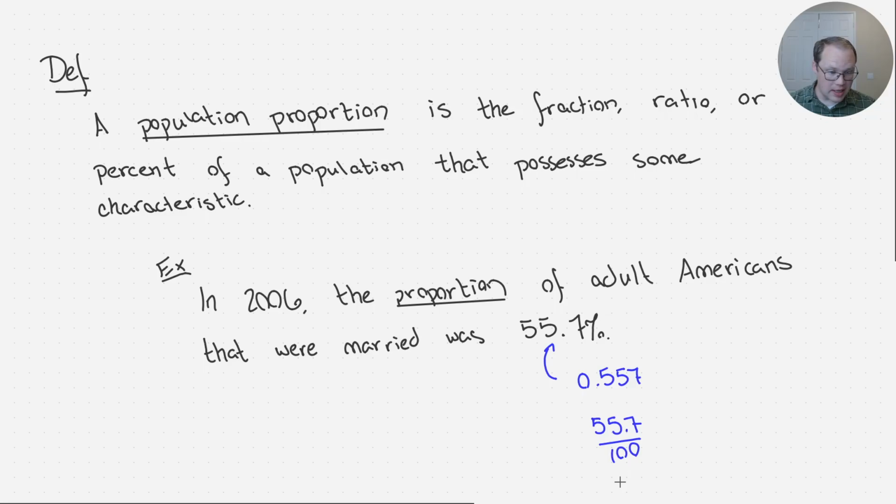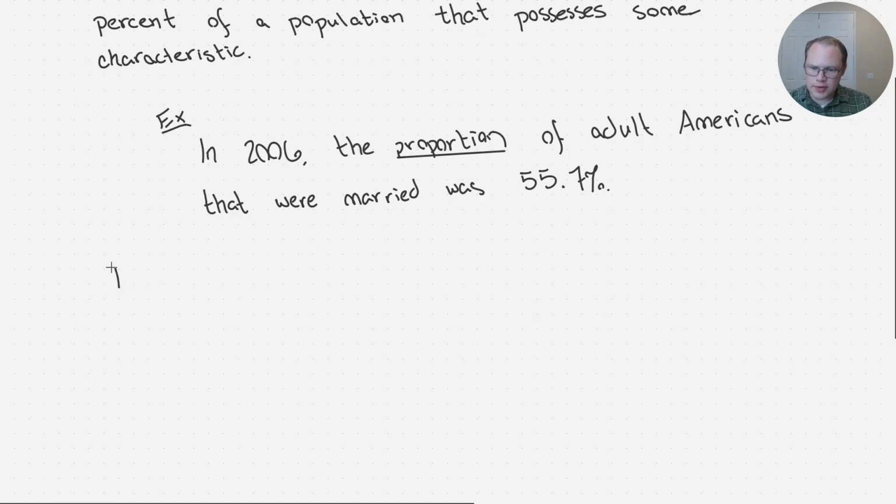So the proportion just tells you what fraction of a population possesses some characteristic that we're interested in. Okay? Now, there's a few properties about proportions that would be useful to note.